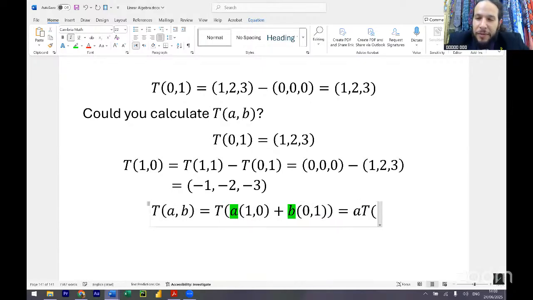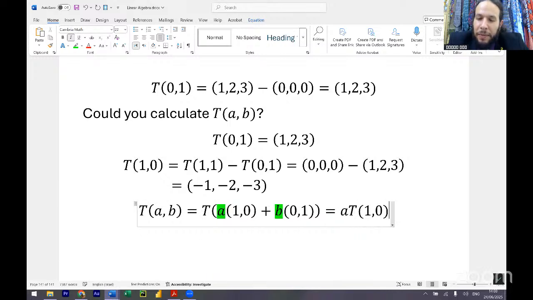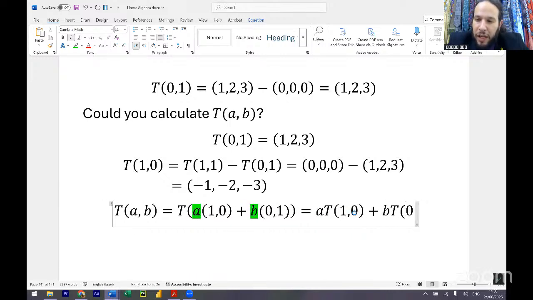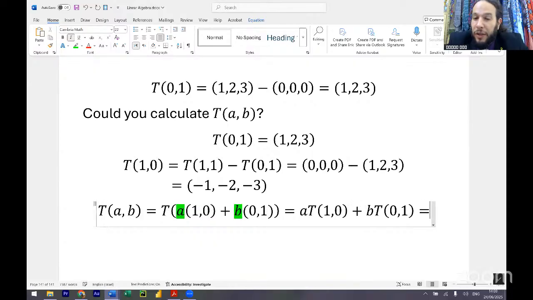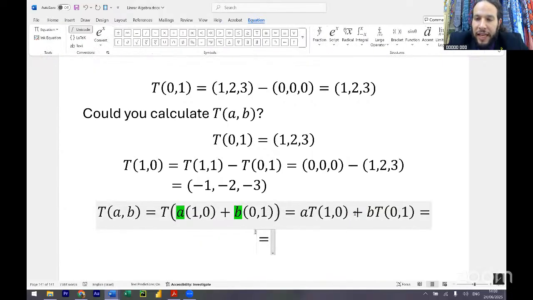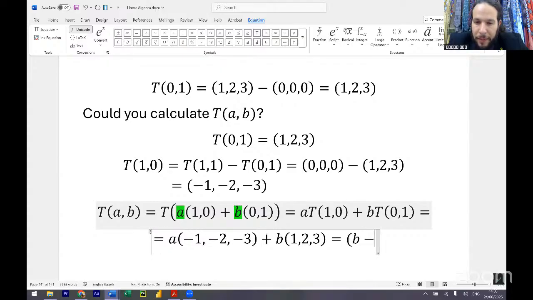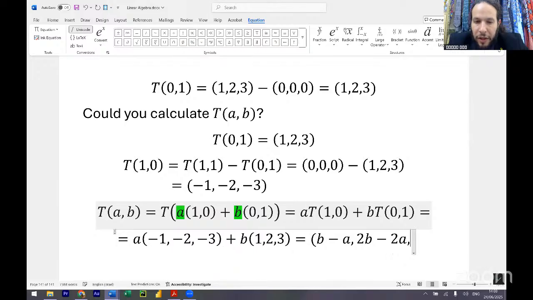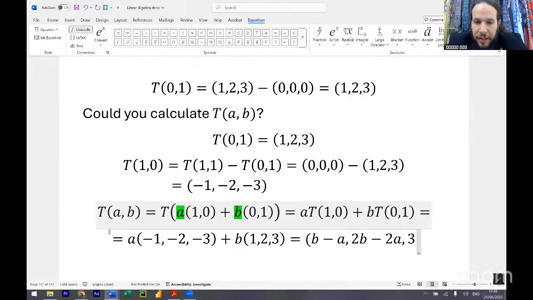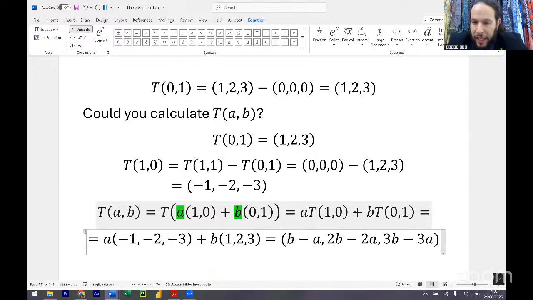It's a times T of (1, 0) plus b times T of (0, 1). Both of them we know. So it's a times (minus 1, minus 2, minus 3) plus b times (1, 2, 3), which is (b minus a, 2b minus 2a, 3b minus 3a).